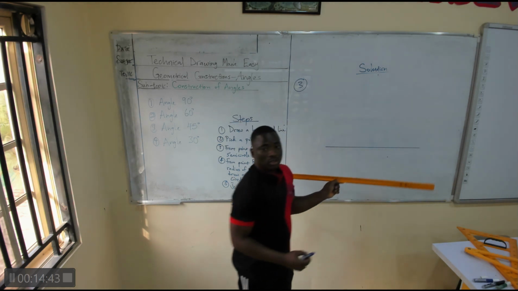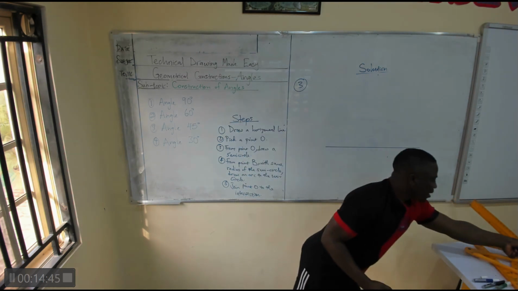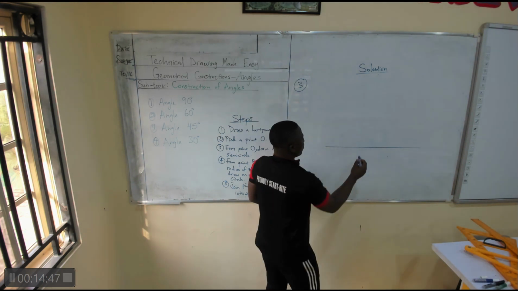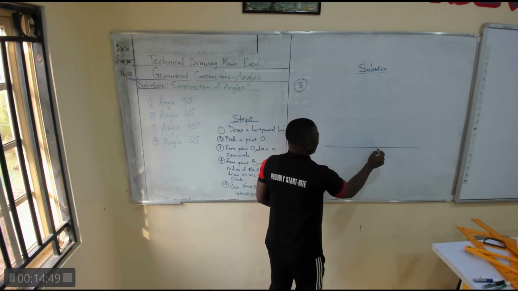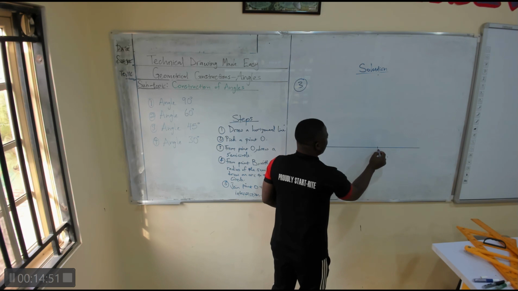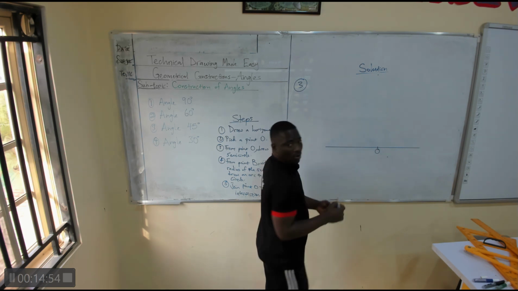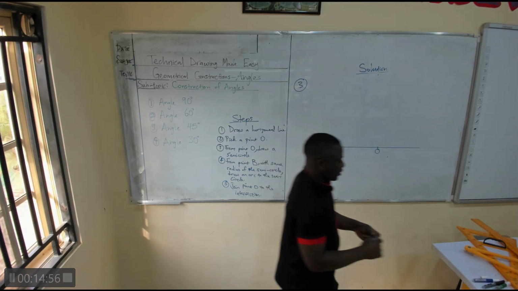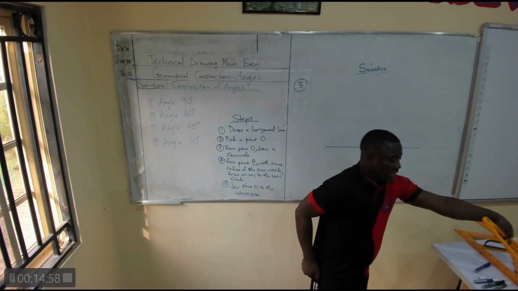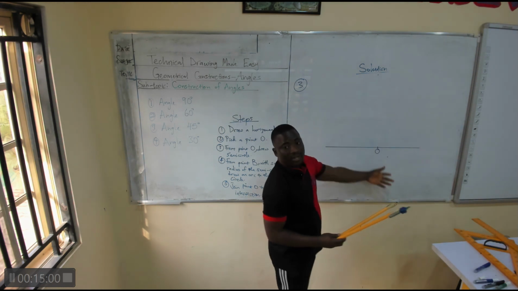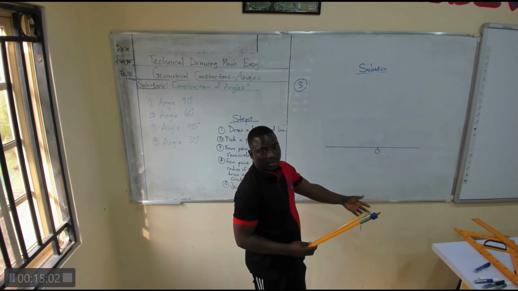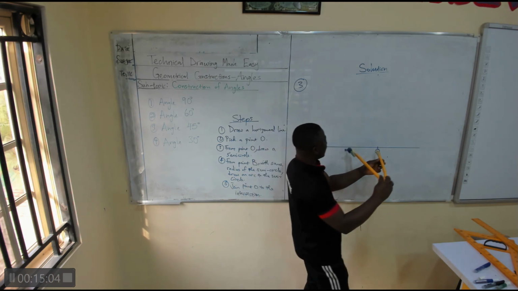Can you see my line? Good. The next step is for me to just pick any point I want. It could be anywhere. Just pick a point at any convenient point. Call it O. I'm going to draw angle 90 first. So this is an angle on a straight line. It's 180. So I'm going to bisect that to get 90.